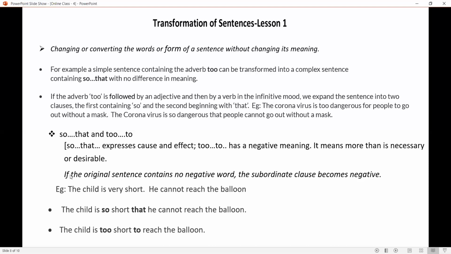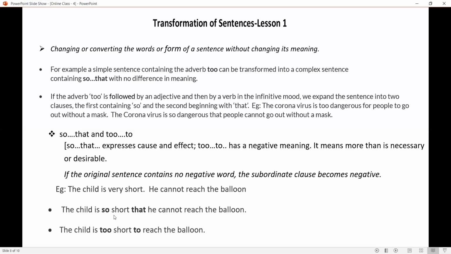Now, there is one rule we should be careful about while transforming this. If the original sentence contains no negative word, the subordinate clause becomes negative. See, look here. Child is very short. He cannot reach the balloon. Here, the original sentence is the child is so short that he cannot reach the balloon.